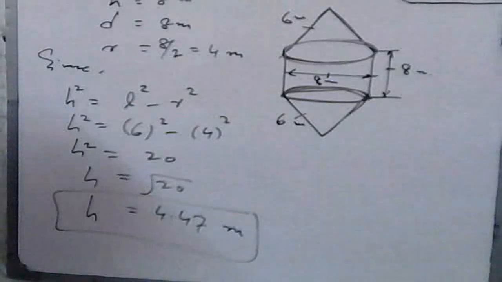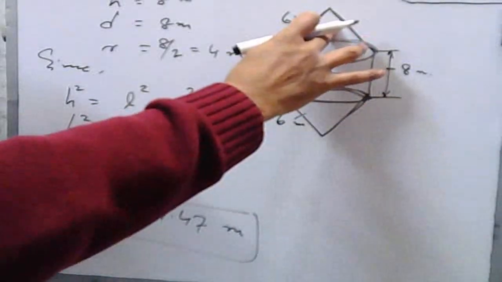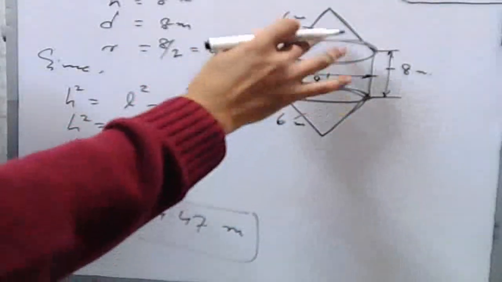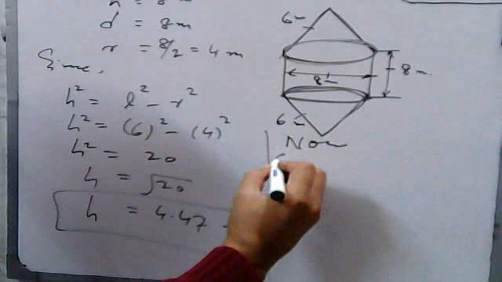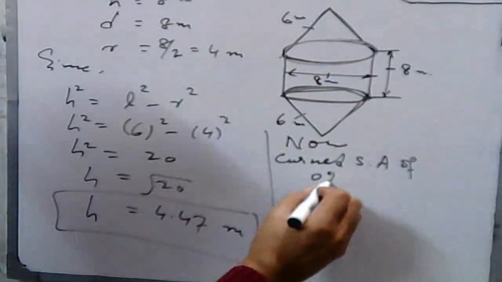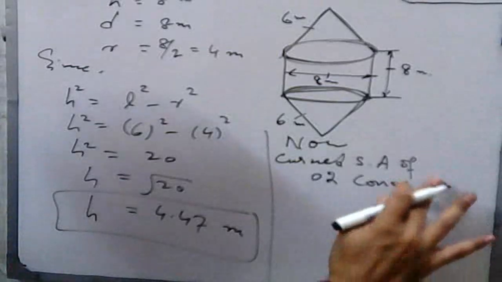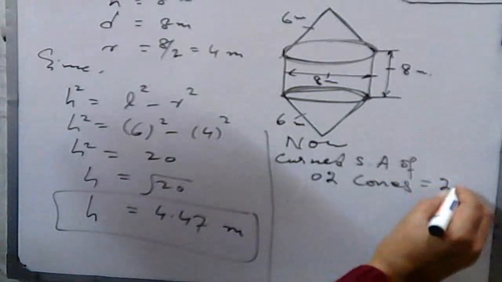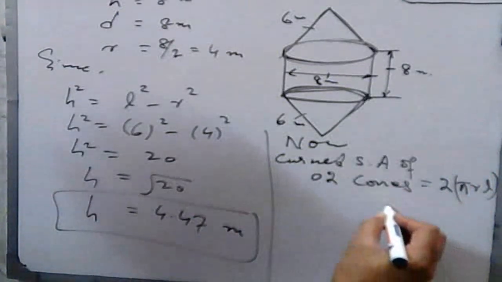Now in part A we have to find the total surface area. In the given figure we see the curved surface area of two cones, one cone and second cone. So curved surface area of two cones is equal to 2 multiplied by pi r l.